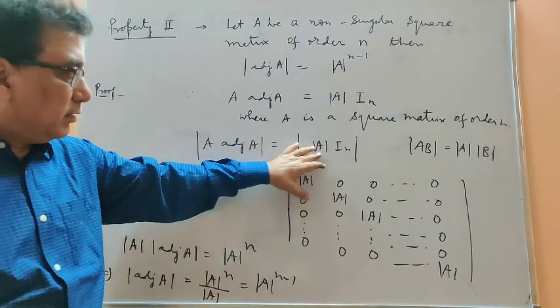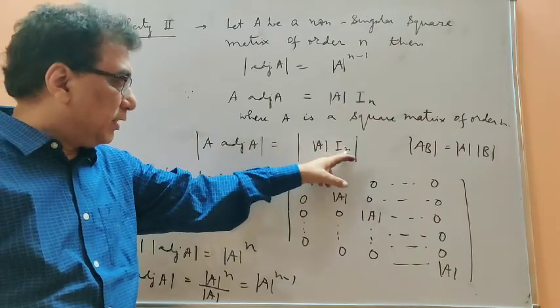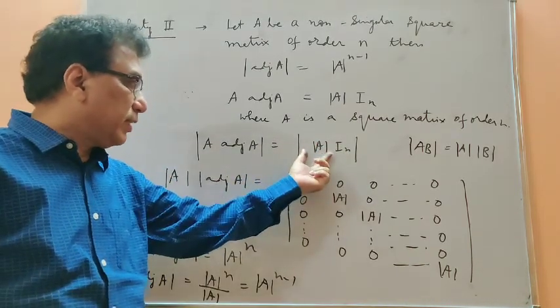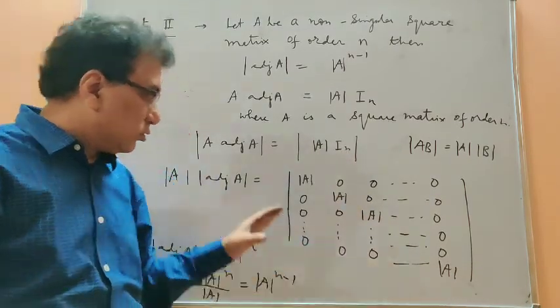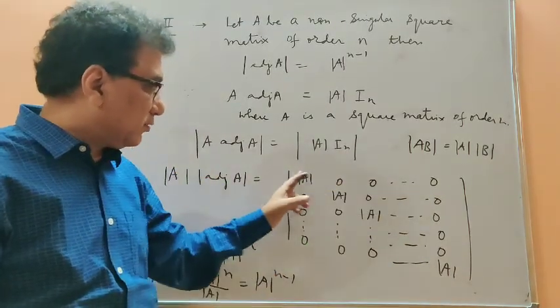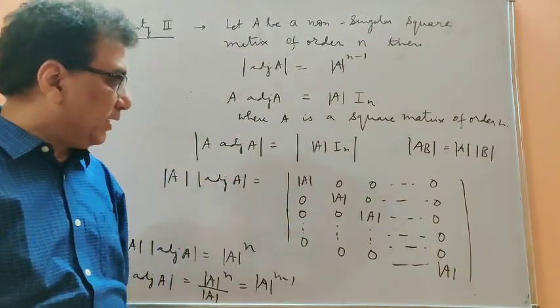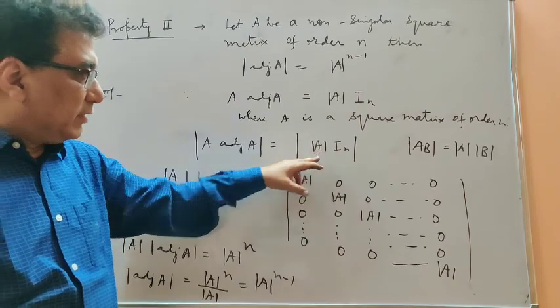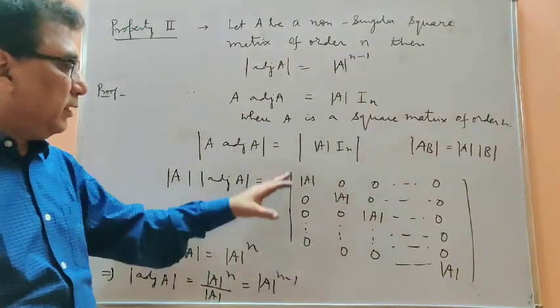And here, this expression stands for a unit matrix multiplied by determinant A, and the order of this unit matrix is n. So suppose this is the unit matrix with n rows and n columns, order n by n. When it is multiplied by determinant A, all its elements will be multiplied by determinant A.